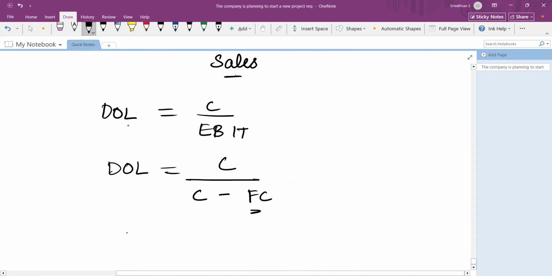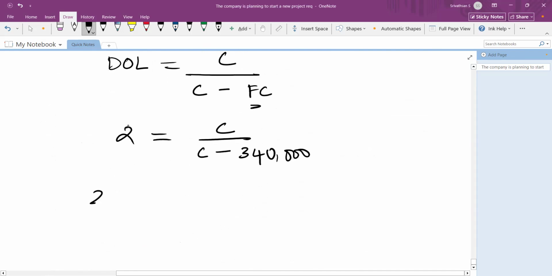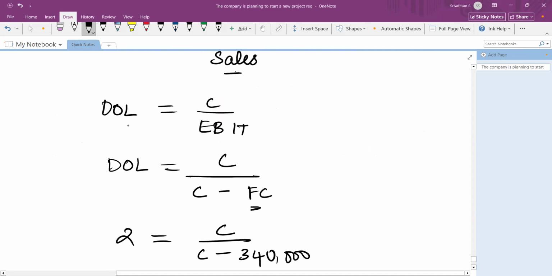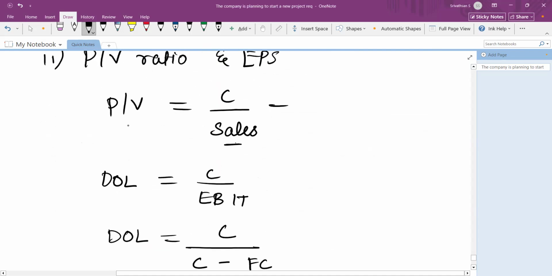So DOL is equal to 2 times is equal to contribution divided by contribution minus fixed cost of 3 lakh 40,000. From this equation, we can calculate the amount of contribution. So 2 into contribution minus 2 into 3 lakh 40,000, we get 6 lakh 80,000 is equal to contribution. So now we have the amount of contribution. We can apply it in this formula.